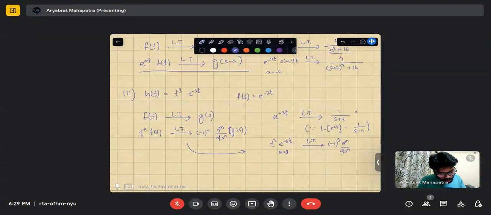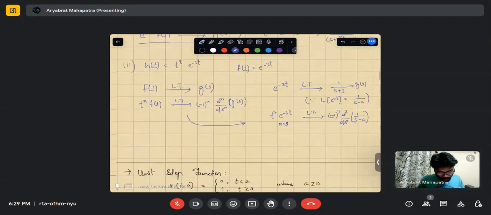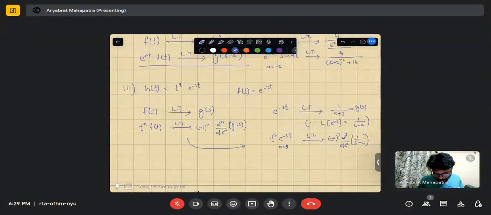Your g of s is this one. So n is 3, so let me replace n with 3. You have to take three derivatives of your g of s.